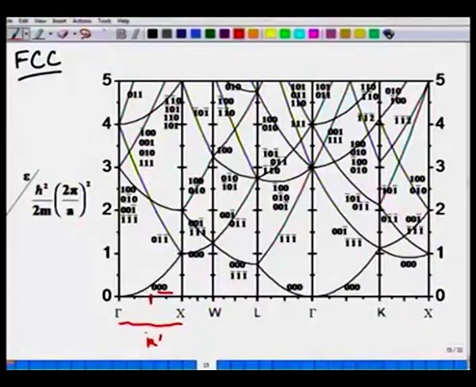So, k prime is transformed to k by using these indexes which are written here for the m1 value, m2 value and m3 value. That means it tells you what K has been used. This index tells you what K has been used to transform from k prime to k, and this axis must be read as the k prime vector. And the k prime vector always belongs to the first Brillouin zone.